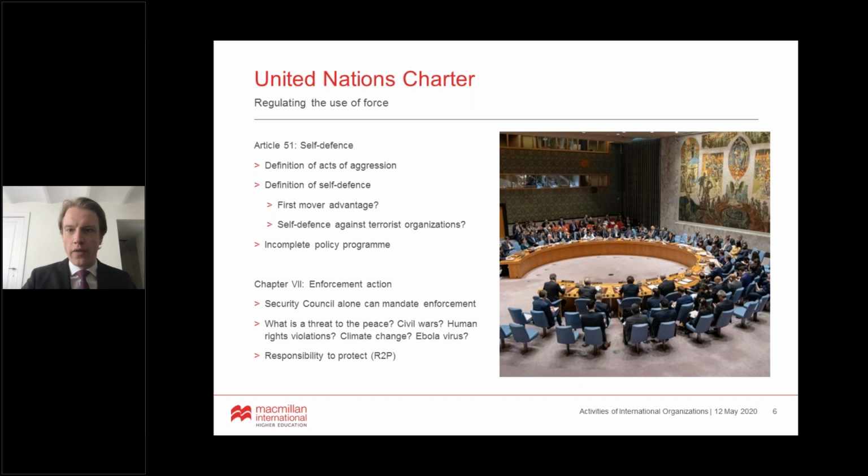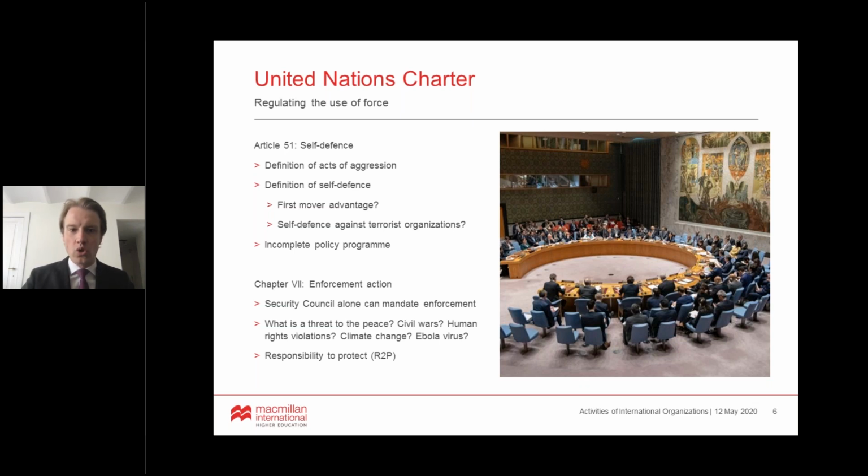First is Article 51 about self-defense. If you get attacked, if there's an act of aggression against you, you are allowed to strike back. So according to the Charter, you still may use force, but only in cases of self-defense, so not in the case of offense.